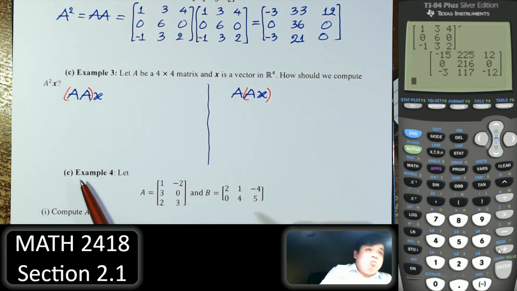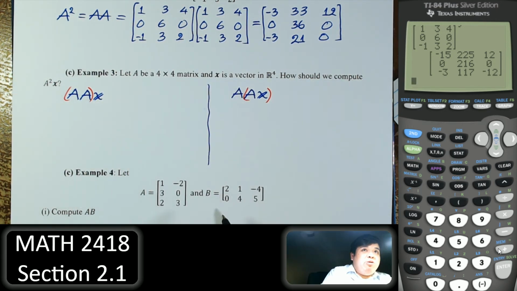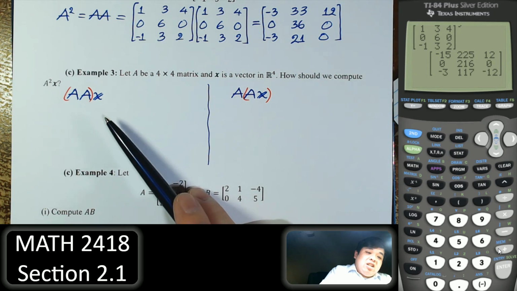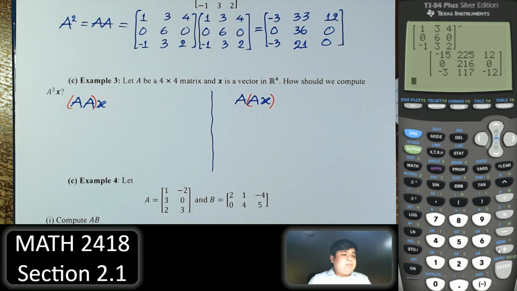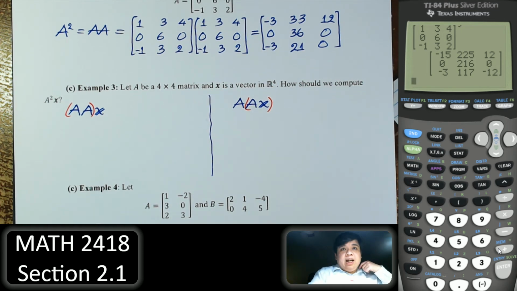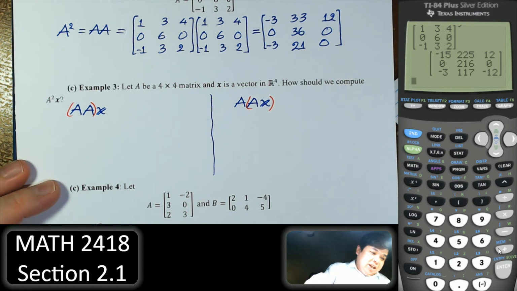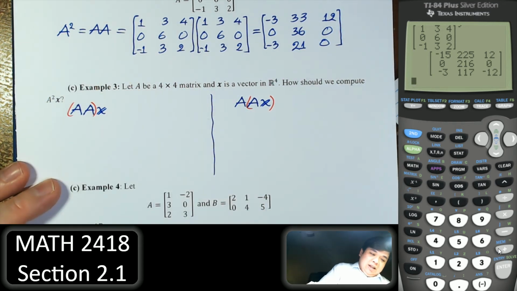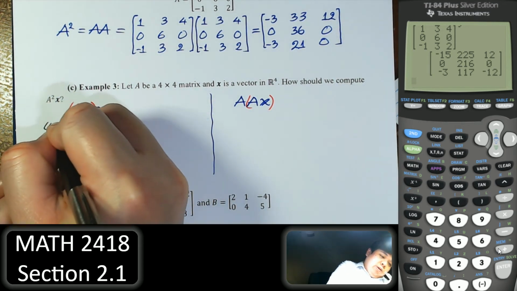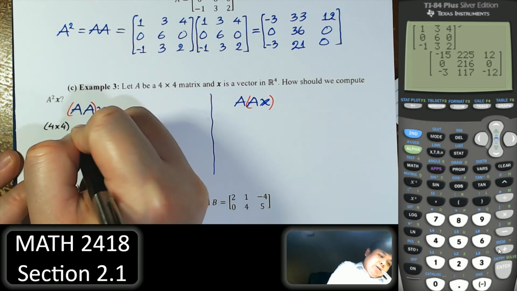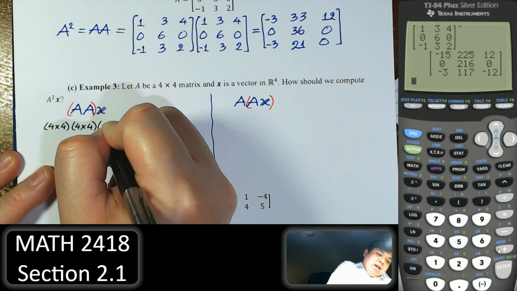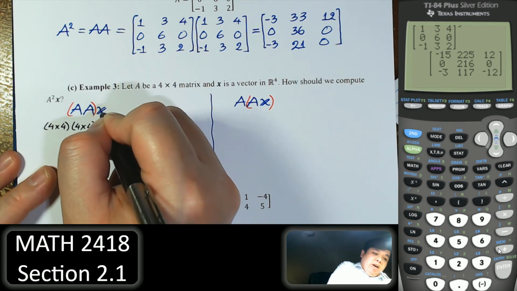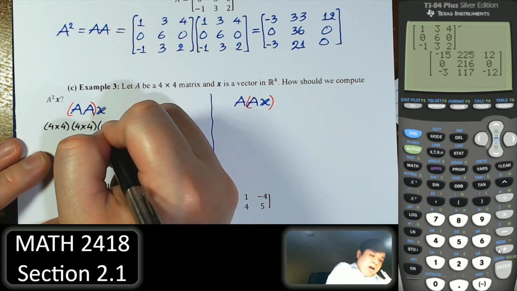And just to put some context, let's say 4 by 4. So x is going to be a vector in R4, so a column of 4 entries. Right, now let's put the dimensions in and see what works. A is a 4 by 4, and then 4 by 4, and then the vector will be 4 rows, 1 column.